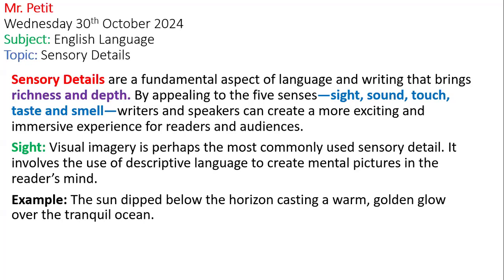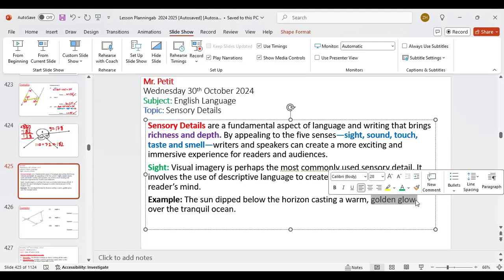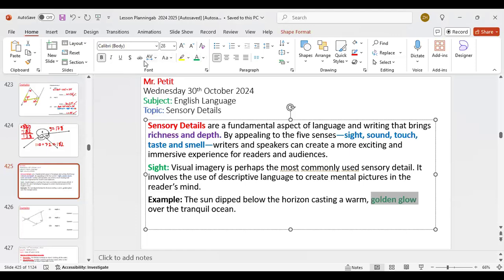Warm. Golden glow. Okay. So golden glow refers to your sight, right? That is helpful. The sun dipped below the horizon, that is also visual, right? And over the tranquil ocean, it still does create the imagery, I must say.